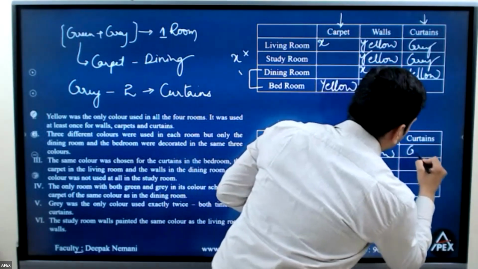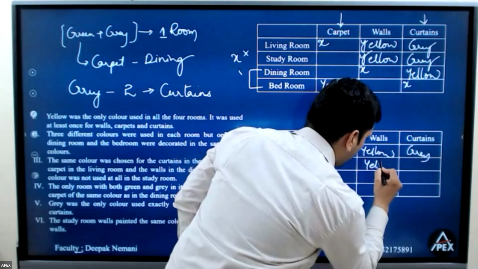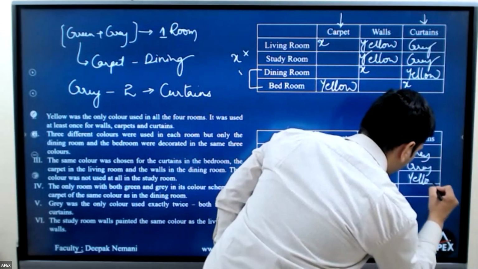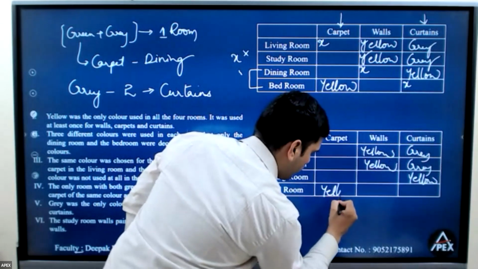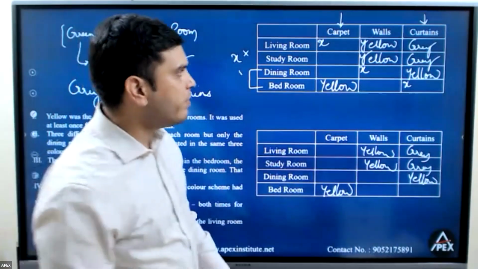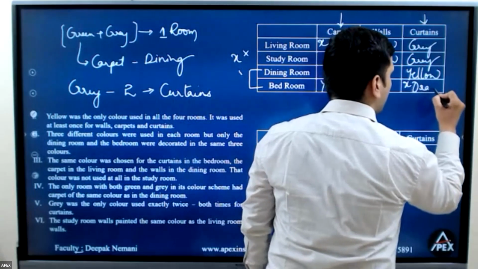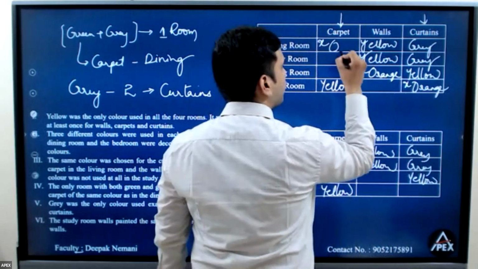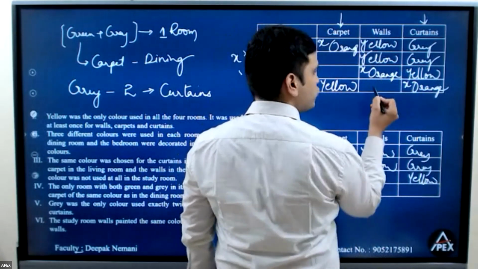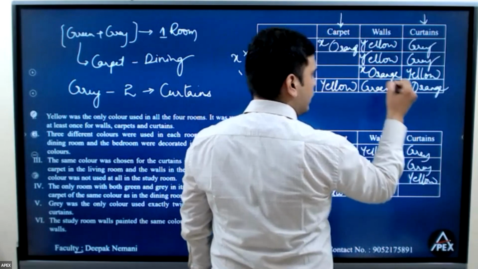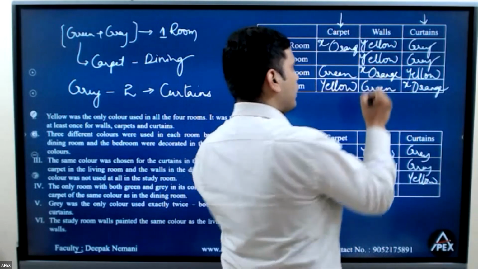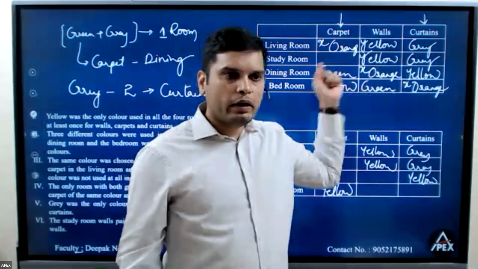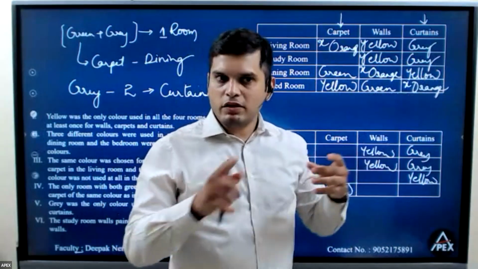Yellow, gray, yellow, gray, yellow, yellow. Now in this case, consider X as orange. Orange, orange, orange. So this should be green and this should be green. And what should this color be? Green, because you need to have green and gray as a combination for one color scheme.